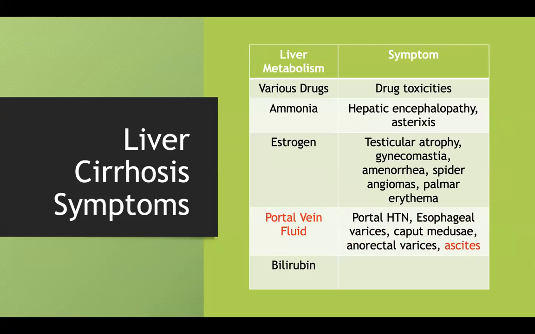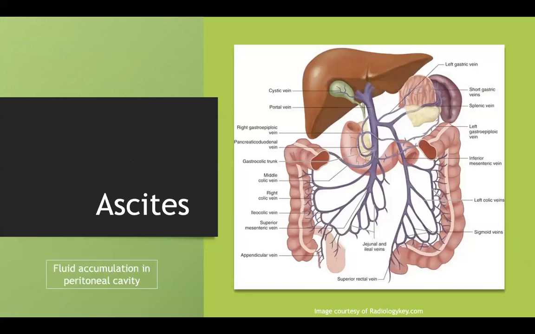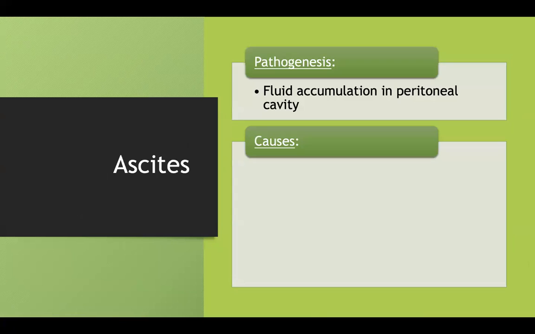Now let's discuss ascites, which are a common side effect of portal hypertension. So ascites is just the fluid accumulation within your peritoneal cavity. And what that would look like is if we have our picture here, that's just this whole cavity here. Just imagine that starting to get filled with fluid essentially.